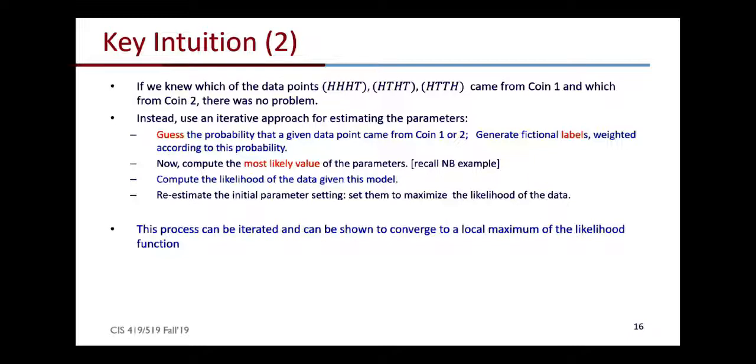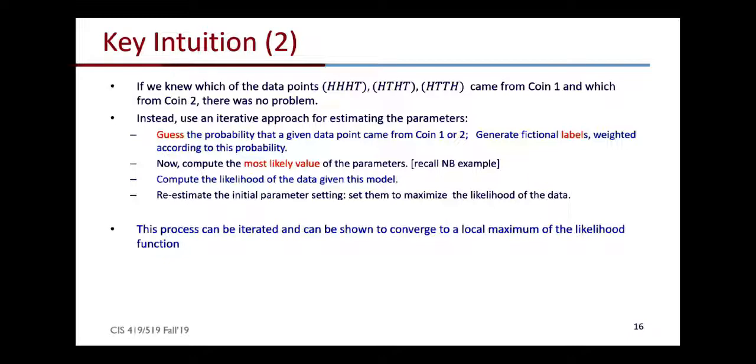But they're going to be fractions just like the one that we discussed 5 minutes ago when I reminded you of the naive-based situation, right? So now that each of these data points has a label, now the label may not be coin 1 or coin 2. The label will be 0.6 coin 1, 0.4 coin 2, but that's fine with us, right?